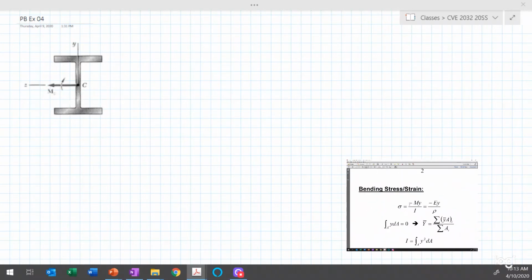We'll start with the equation that we've been using for this segment, and that is sigma is equal to minus M times y divided by I. In the context of this problem, where we have the z-axis as the axis, this is M sub z, this is I sub z, and this is going to be a stress in the x direction.